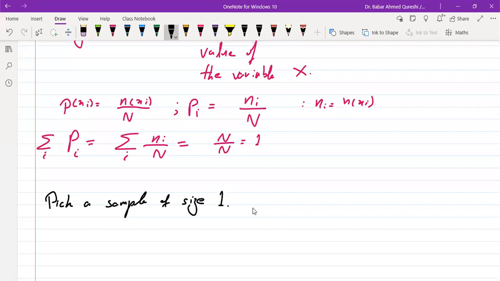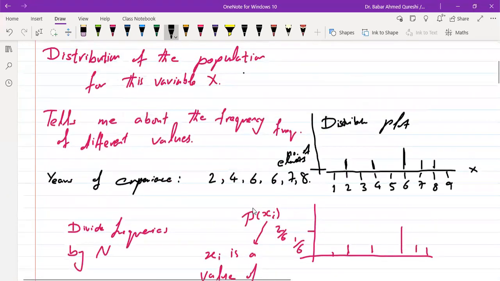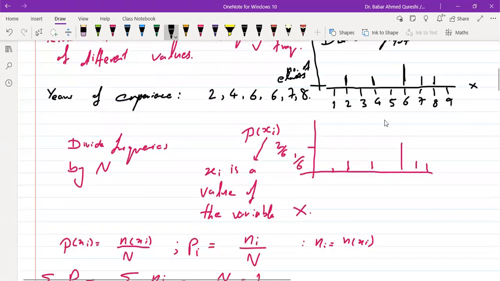Each member is equally likely, but the value of the variable is not equally distributed among the population, because some values have more members in the population having that value. Like over here, the value 6 has 2 members. So if I independently pick, I have twice the chance that I'll pick some guy with experience of 6 years compared to the guy with experience of 4 years.